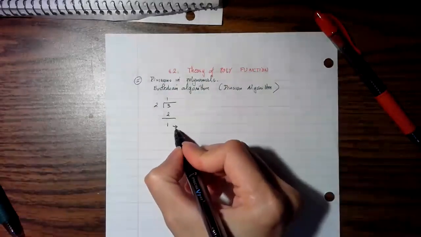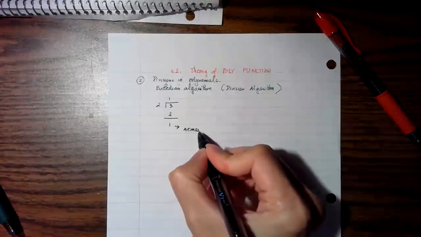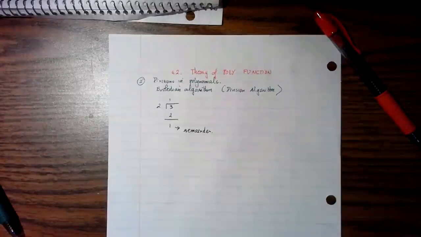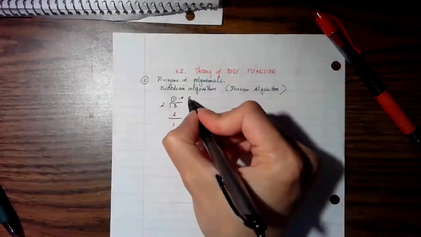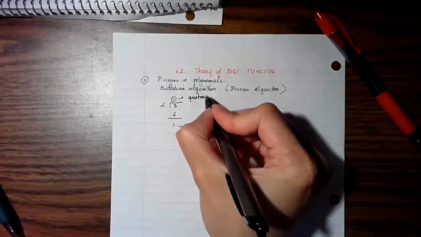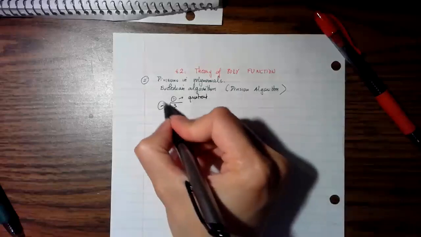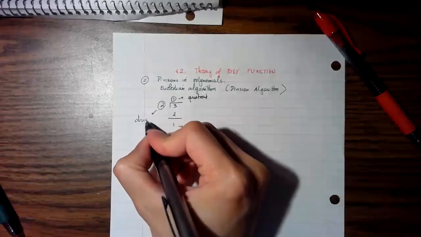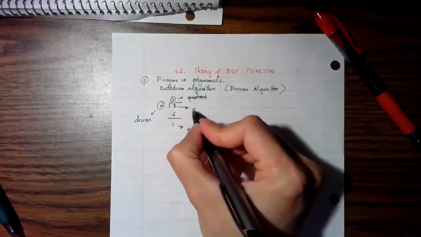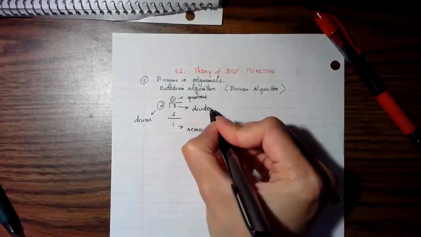The number 1 right here, we call that remainder. The number 1 up here is called quotient. Number 2 right here, we call divisor. And number 3 here, we call dividend.